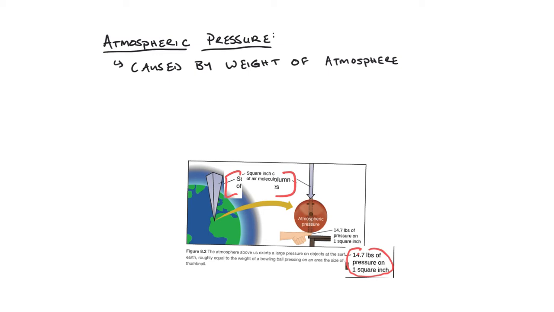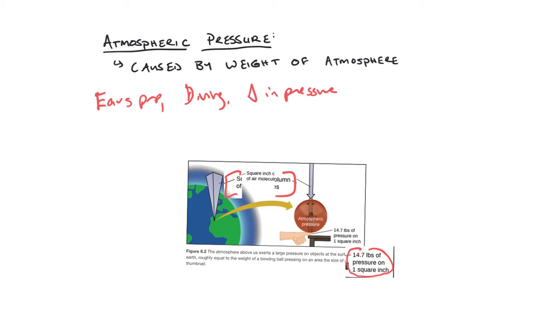I'm going to notice it when my ears pop on a plane, or if I'm diving, I'm going to notice a change in pressure. That's what I'm going to notice because it's not what I'm used to when it changes. Remember that the atmospheric pressure is going to depend on altitude, it's going to depend on temperature, and it's also going to depend a little bit on humidity and some other stuff.